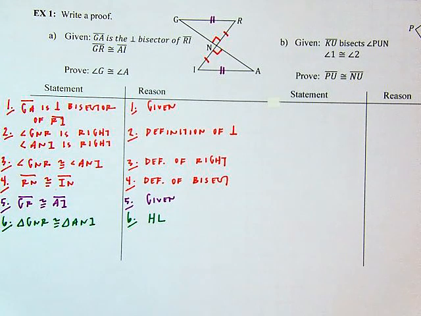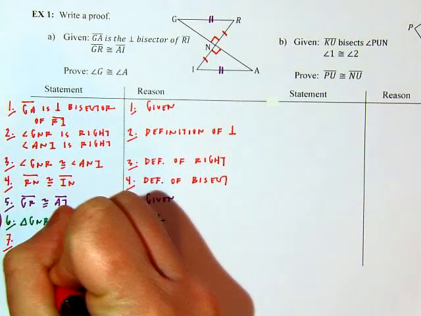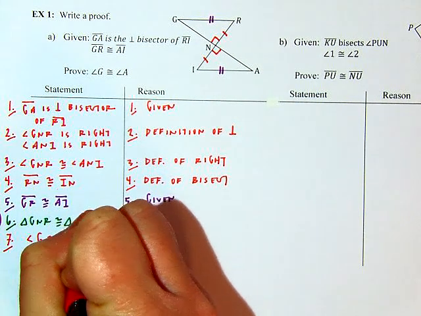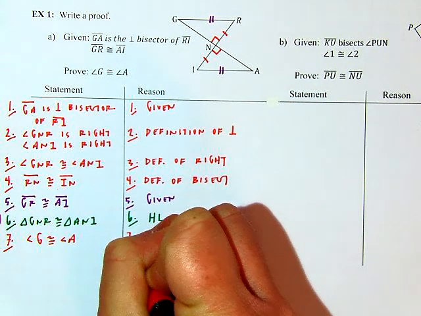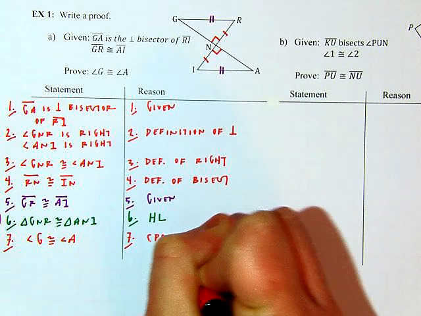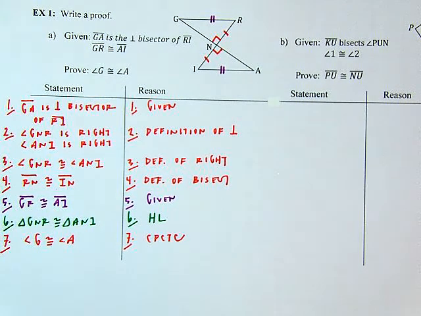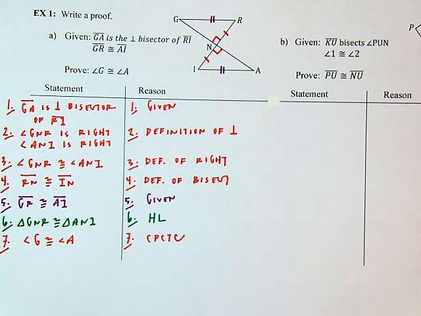I've made these three connections, so any other remaining pairs of sides or pairs of angles have to be congruent as well. That is CPCTC. So I can reach my conclusion that angle G is congruent to angle A. CPCTC: corresponding parts of congruent triangles are congruent. I'm linking up these angles directly after establishing that my two triangles are congruent.